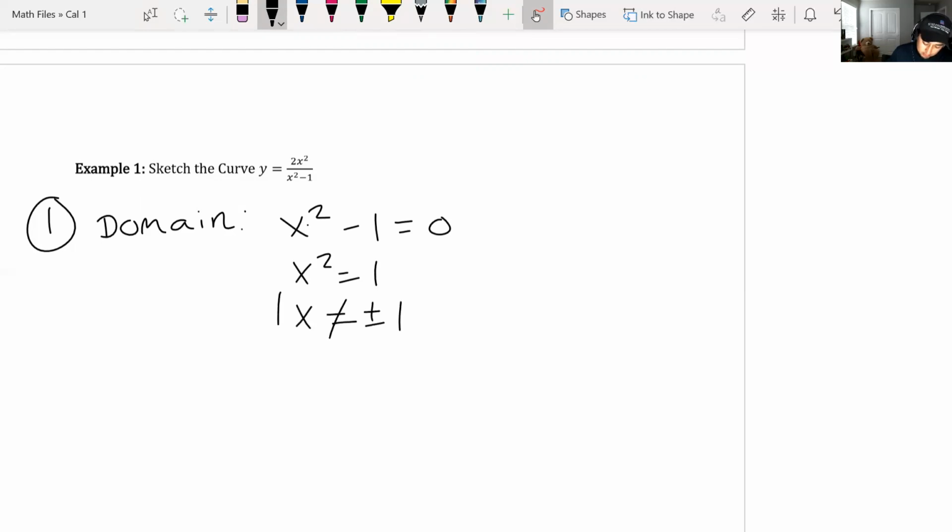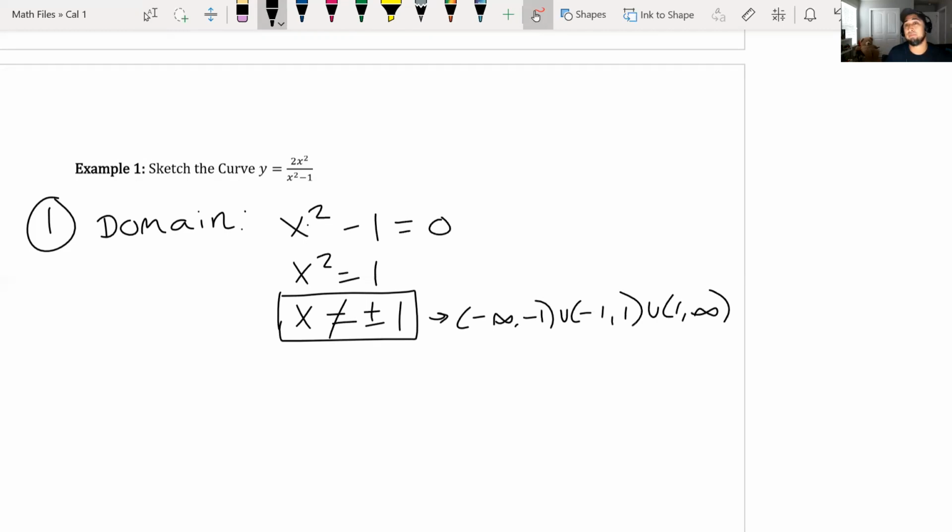But that can't happen because it makes the denominator 0. So there's my domain. If you want to put it in interval notation, that's fine as well. You don't have to. Interval notation would be negative infinity to negative 1, union negative 1 to 1, union 1 to infinity.